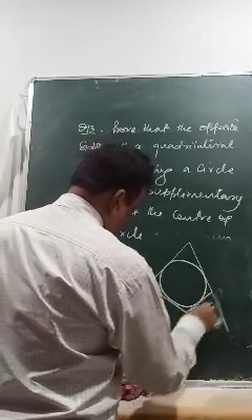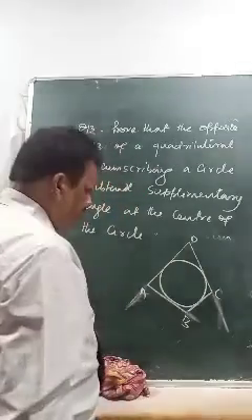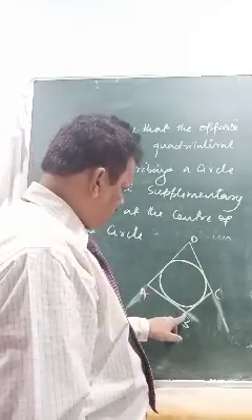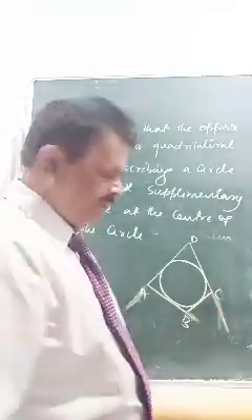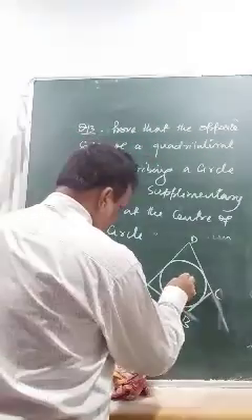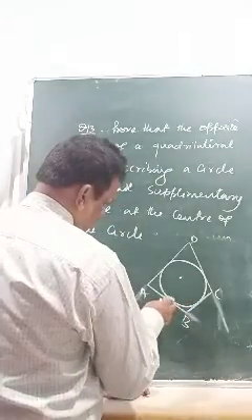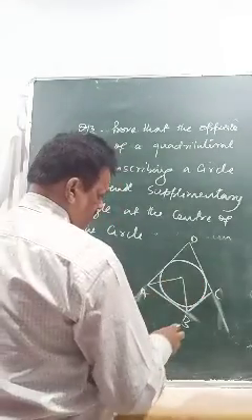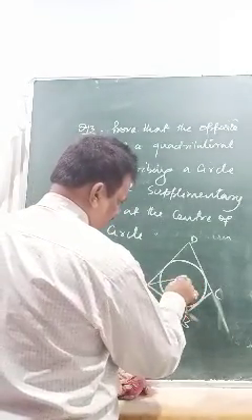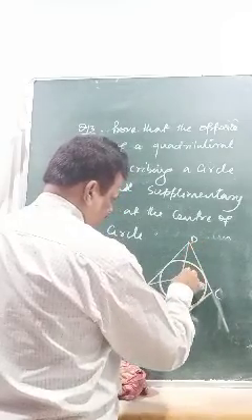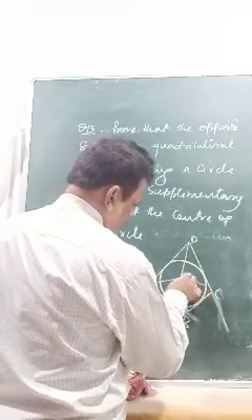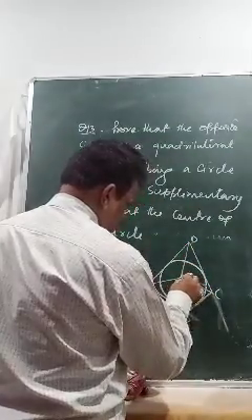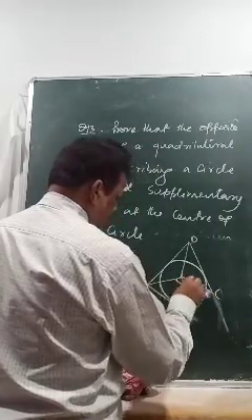A, B, C, D. Opposite sides AB, DC are opposite sides. At the center, this one angle, this is another angle, they are supplementary.